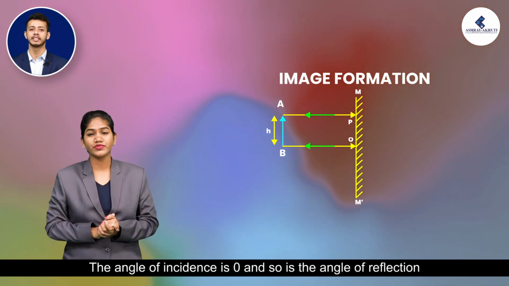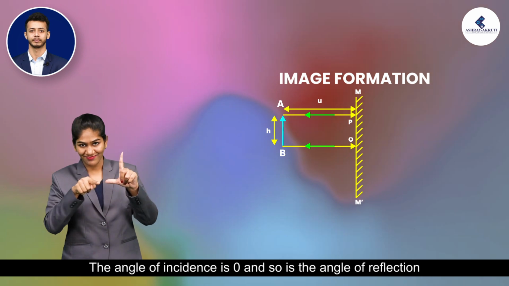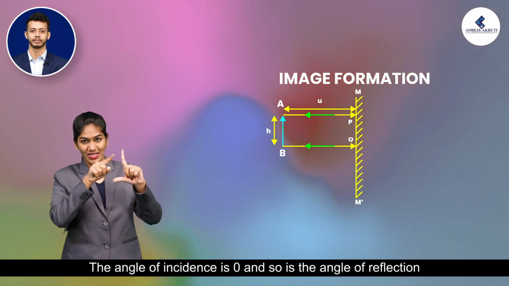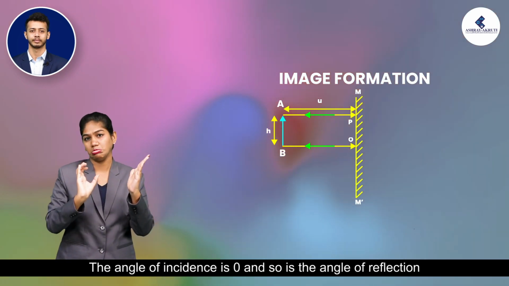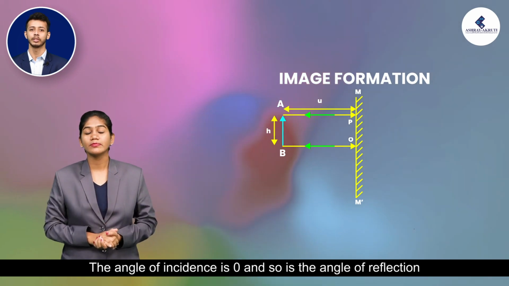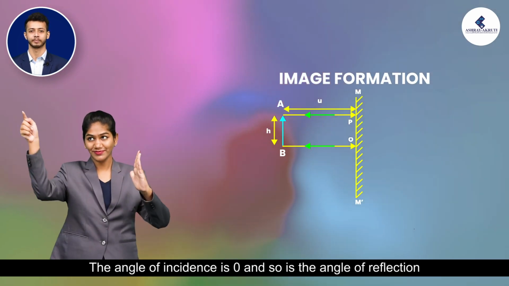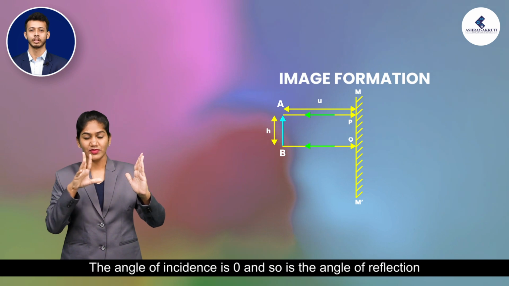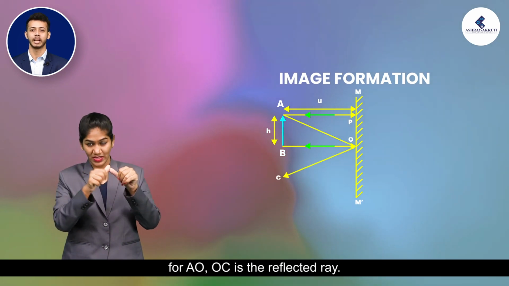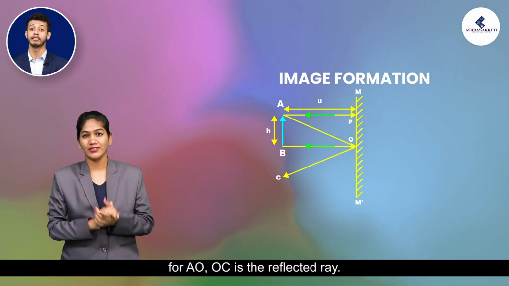The angle of incidence is 0, and so is the angle of reflection. For AO, OC is the reflected ray.